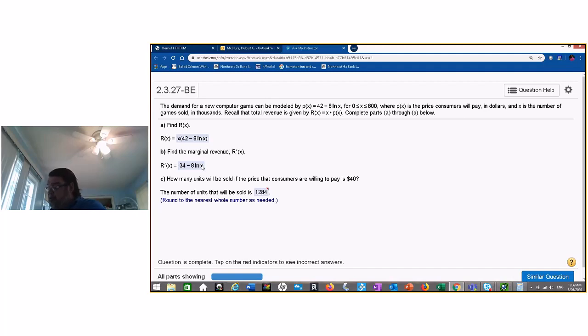Minus 42 would be negative 2 equals negative 8 natural log of x. Divide by negative 8. That's going to be 1/4, 0.25. So that's going to be e to the 0.25. That's still not right. I don't know what they're doing.